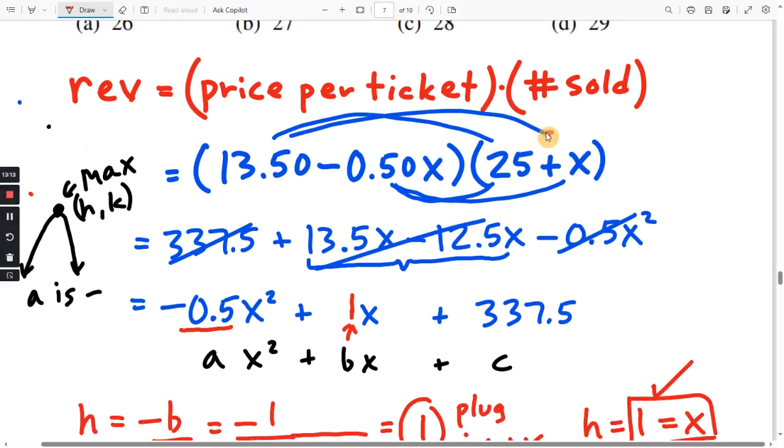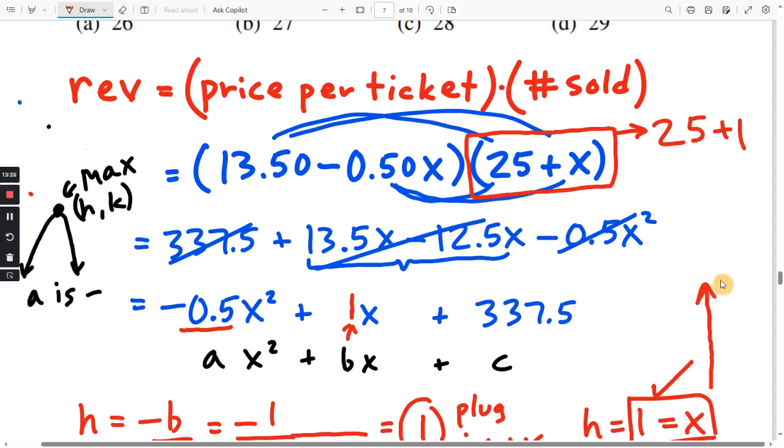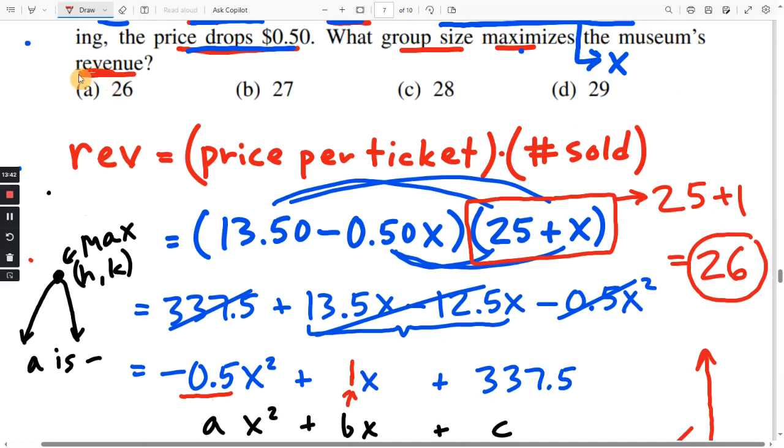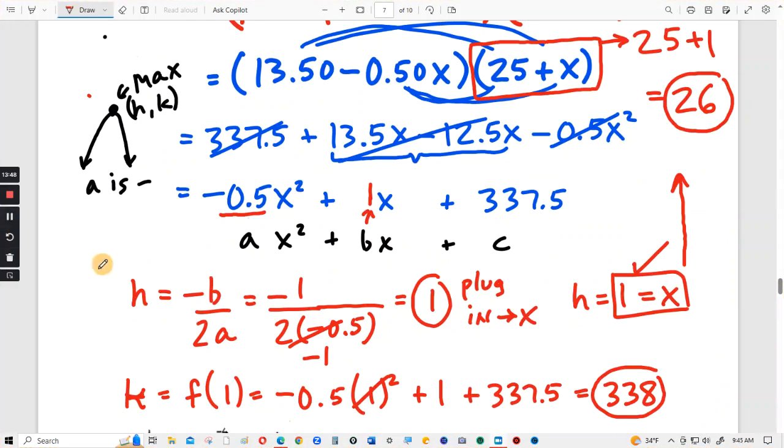This part of the equation right here is the group size. So it's going to be 25 plus 1 because we got 1 for the x. And that's going to equal 26. And that is answer A. So this step here was actually unnecessary.